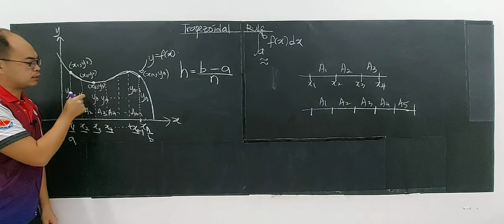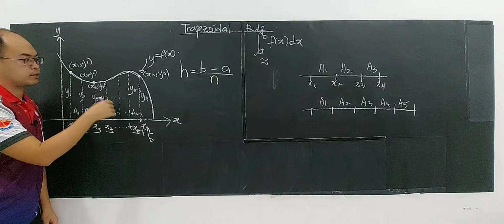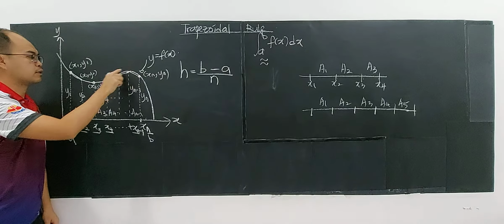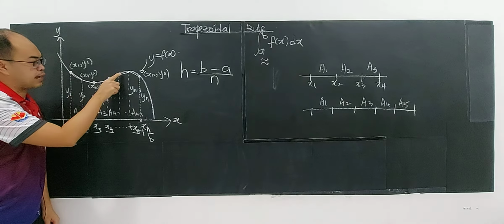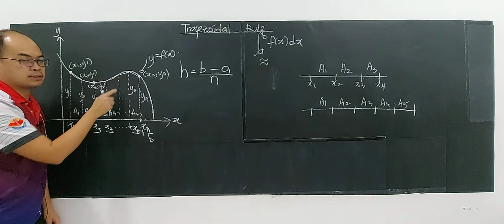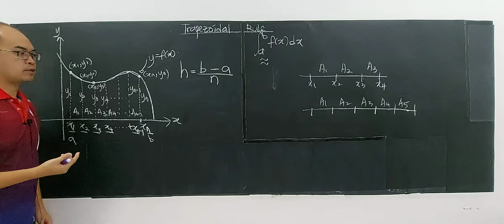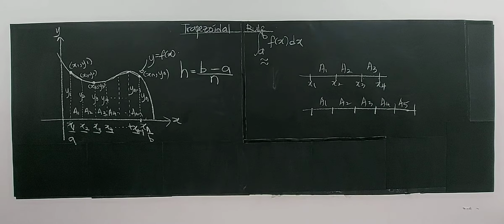Total up the areas of the trapezium, and it will be nearly the same as the actual area under the graph. Why do we say approximate? Because you can see there is an empty space here which is not occupied, which means it's just an approximation. So how do we generate the formula? Let's see.